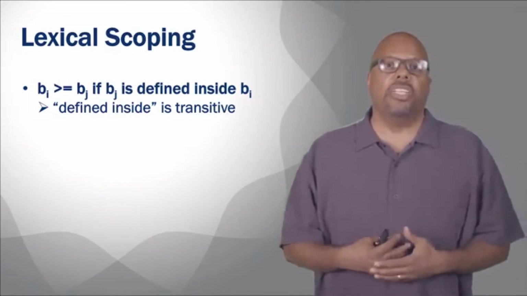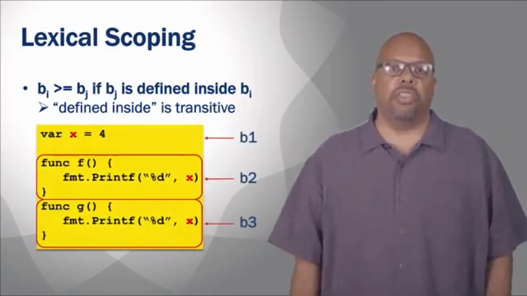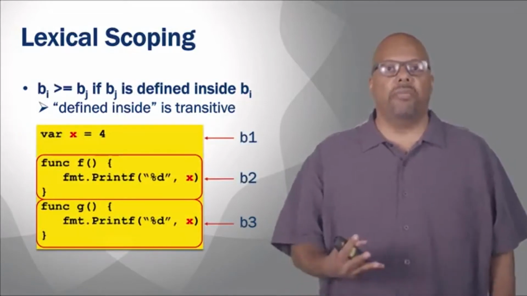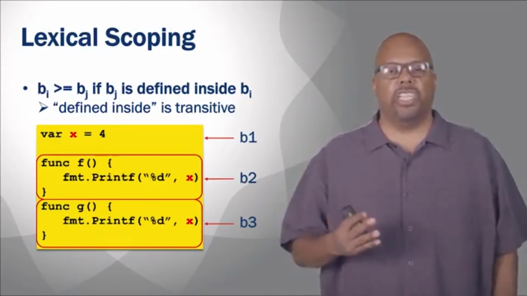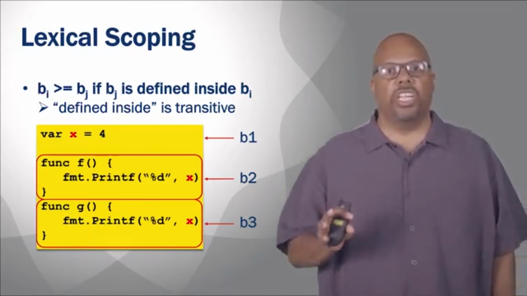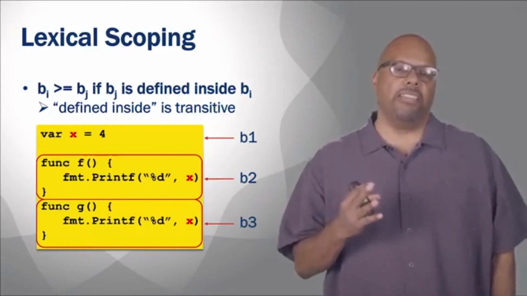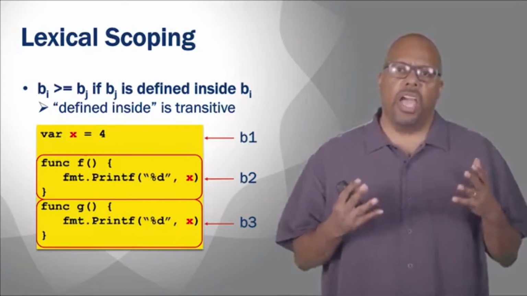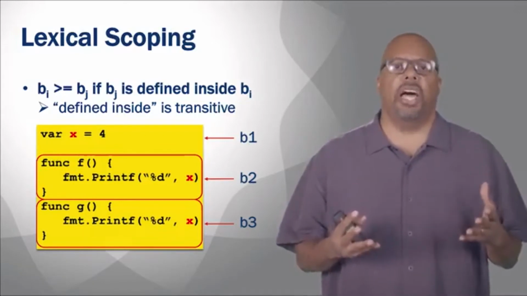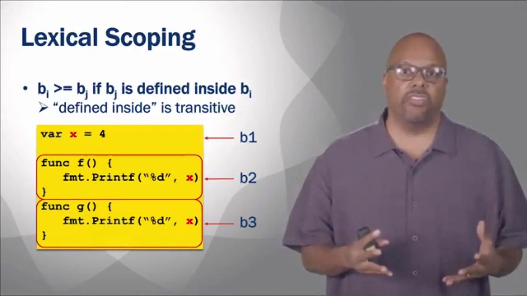It's a transitive relationship, but just as an example, look at the code. We've seen this code before. We have variable x, which we initialize to 1. Then you have function f and function g. This is all in one file, so all of this is inside the file block, and I'm calling that B1. B1 is my file block, and everything is inside it.